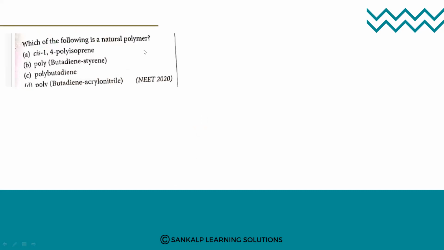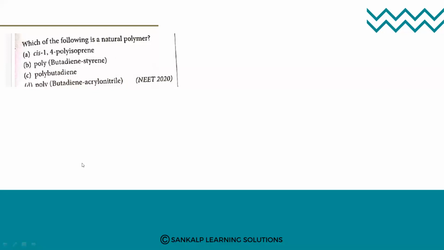Which of the following is a natural polymer? A, cis-1,4-polyisoprene. B, polybutadiene styrene. C, polybutadiene. D, polybutadiene acrylonitrile. This was a question asked in NEET 2020.